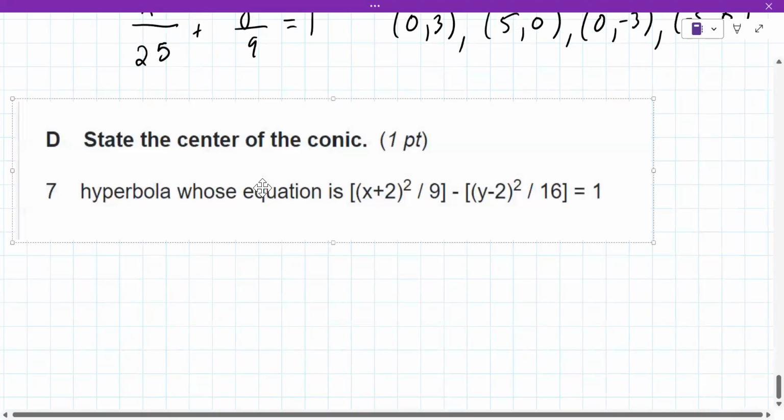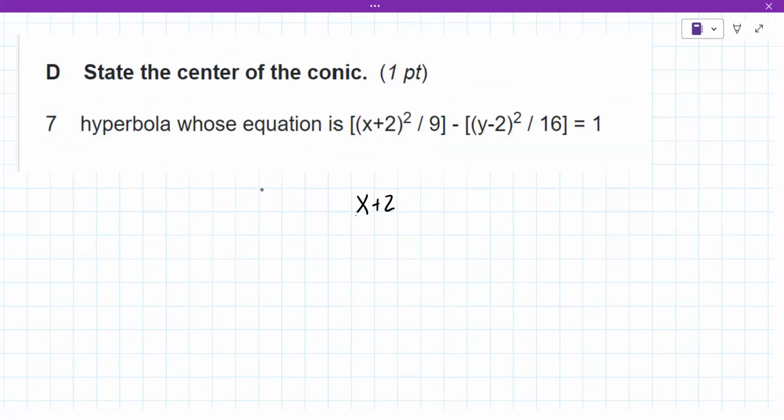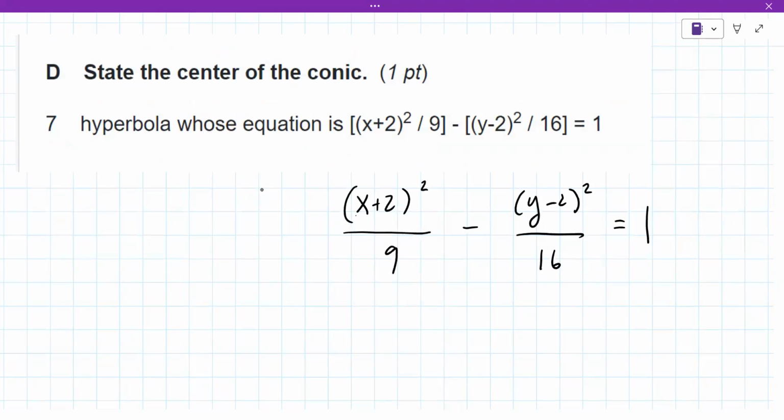Right, identify the center of the conic hyperbola whose equation is, so just a little bit better way of writing this, x plus 2 squared over 9 minus y minus 2 squared over 16 equals 1. And your graph will look something like this. It'll either be an up and a down, or a right and a left.